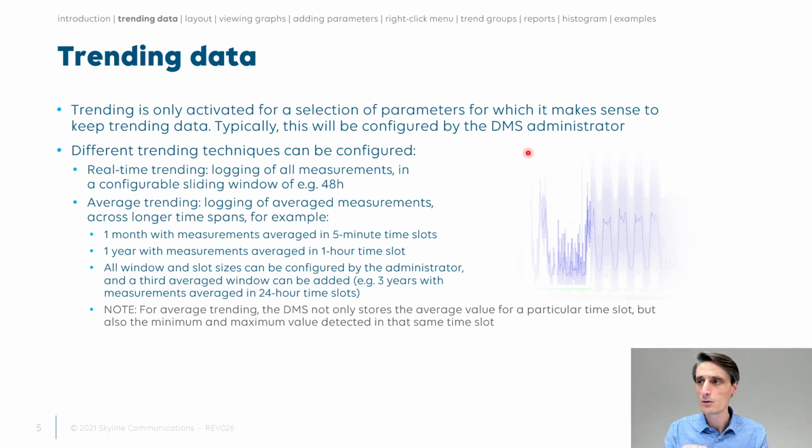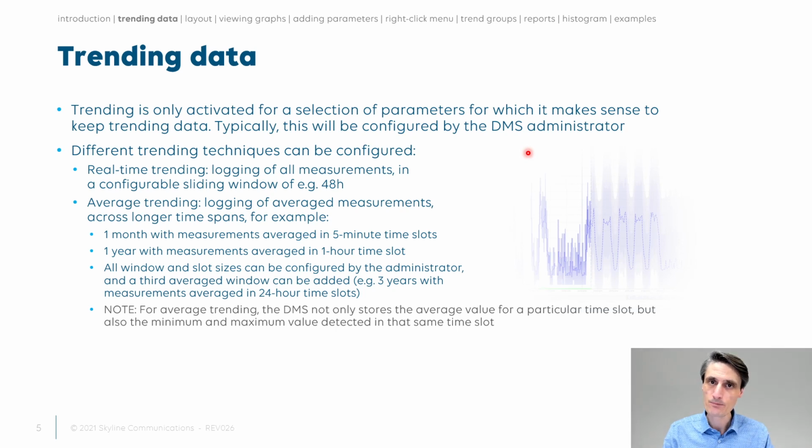So you can choose, okay, a bitrate on a Cisco switch, that's important, I activate that. You can activate it for all your Cisco switches or for all the ports or subsets. So you do have all kinds of options available. That's something for the administrator part. Here we're only going to look at the data. But I want to make you aware that it's a choice whether you activate the trending, yes or no.